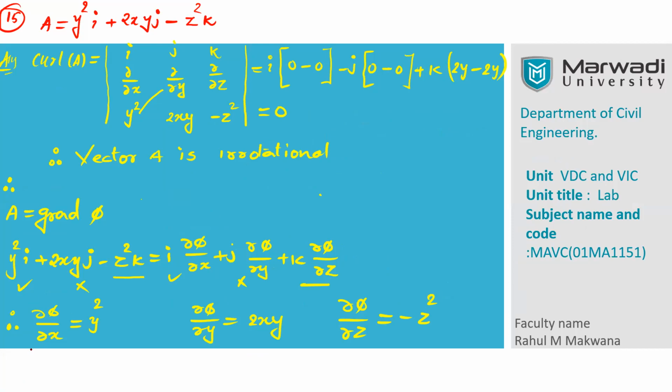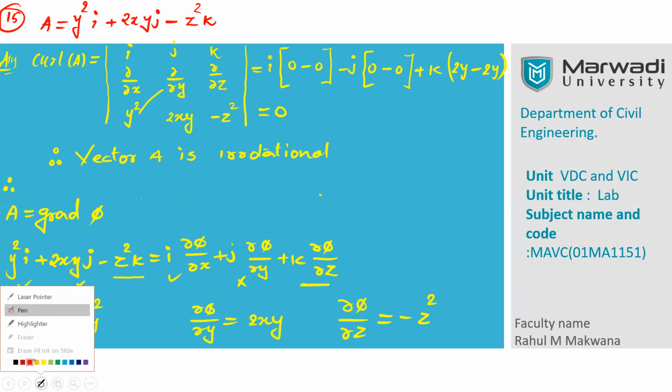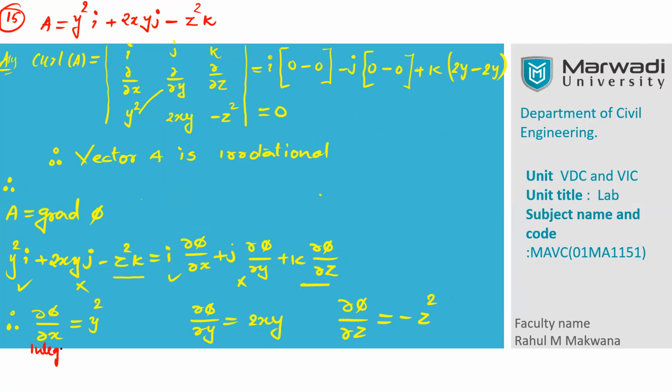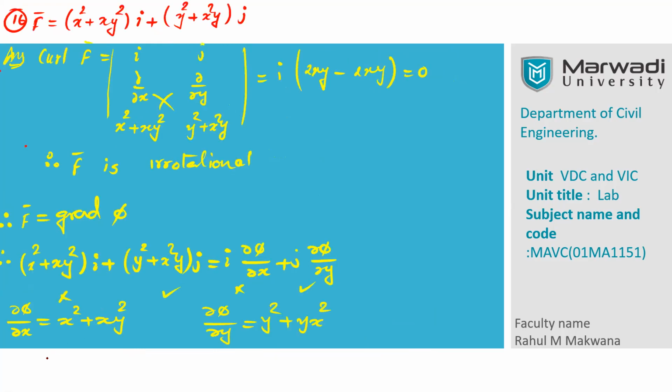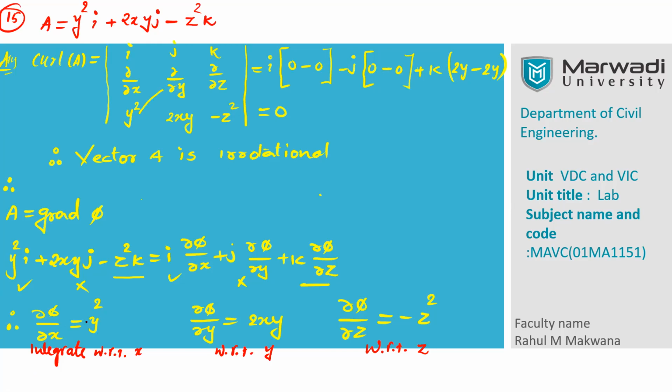Again, as I said, here we will integrate with respect to x, here with respect to y, and here we will integrate with respect to z. See, left side becomes phi, phi, and phi for all. So we have phi is equals to something. If we integrate with respect to x, y square is constant.